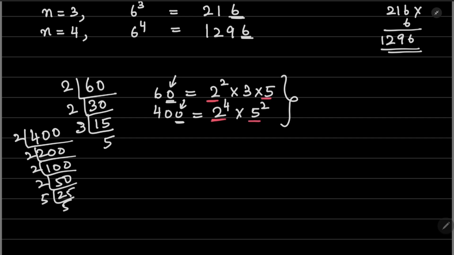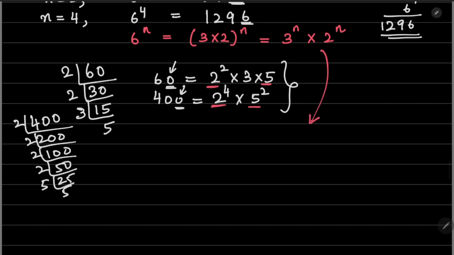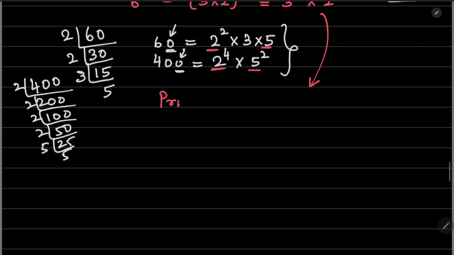But if you take 6 raised to the power n, 6 can be split up as 3 into 2, so it is 3 raised to the power n into 2 raised to the power n. Correct? So the prime factorization, I'm going to write it here.